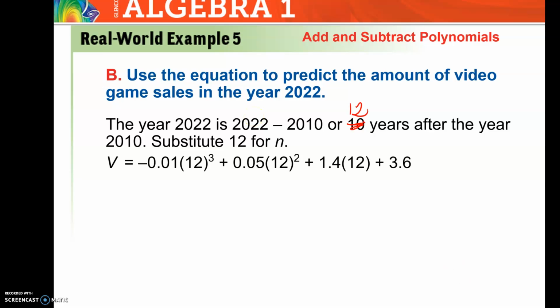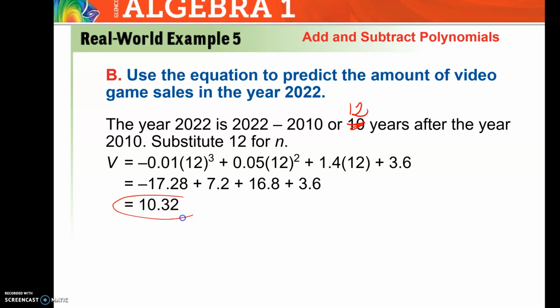So I'm going to substitute 12 in there, just showing the usefulness of it. And I could predict with that equation what my video sales are going to be in 2022. So plugging in 12 and doing my order of operations, I could say that my video sales are going to be $10.32 billion. So that just shows you the usefulness of it.